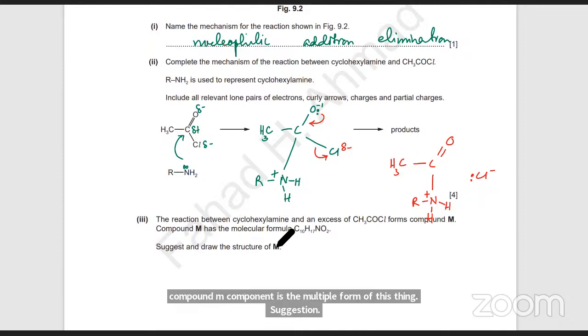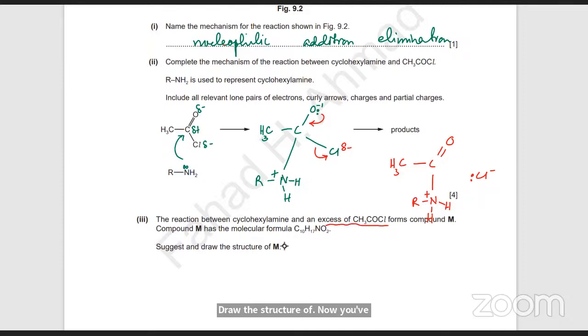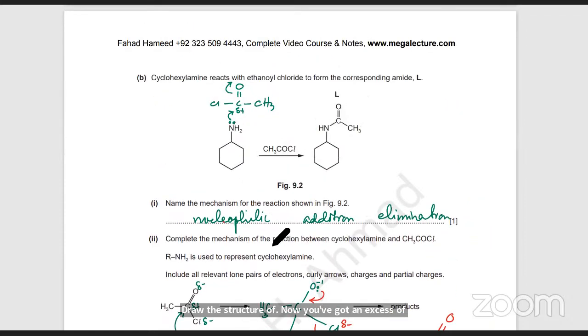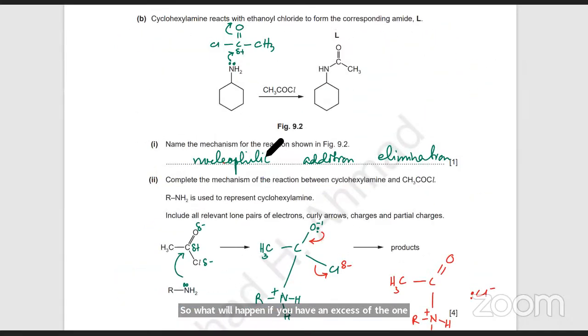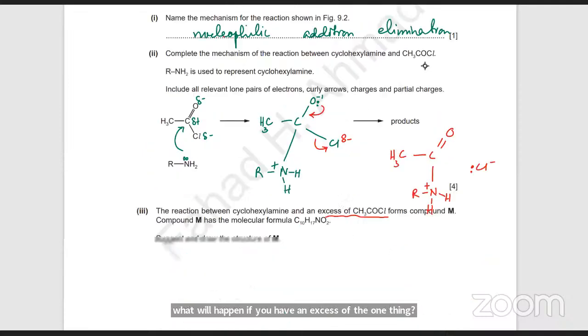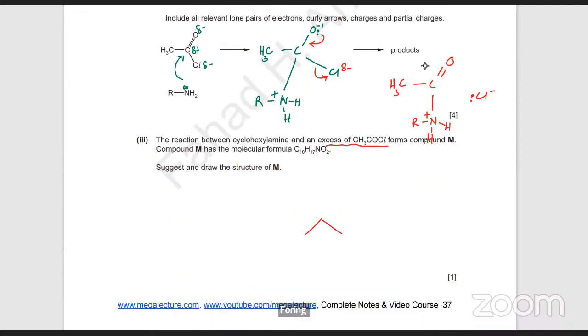So वो कह रहा है कि now you've got an excess of CH3COCl. So what will happen if you have an excess? तो अभी हमारा एक CH3COCl के साथ you got this product, right? This is the product that you are forming. It's basically this thing, NH with double bond O over here and a CH3.